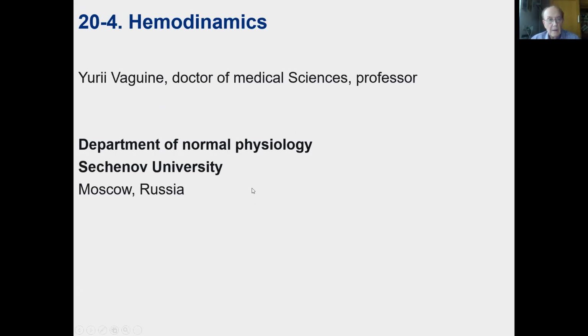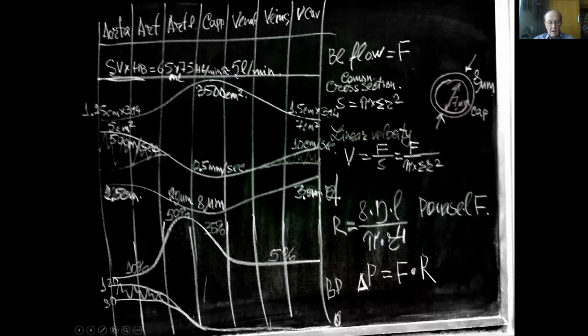All right. This part of the physiology is devoted to the hemodynamic laws, and in these curves you will see the different parameters which describe the different stages of the blood flow.